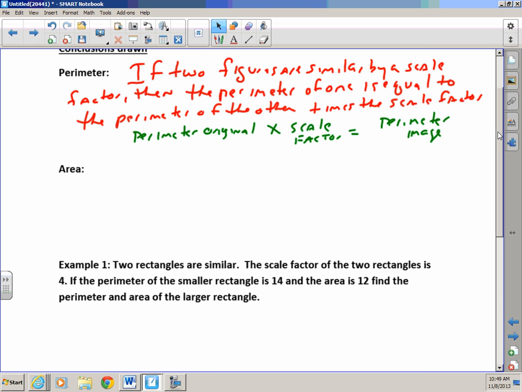Okay, now, hopefully you are realizing that that's not going to hold true for area, but there still is a formula. So, let's see.